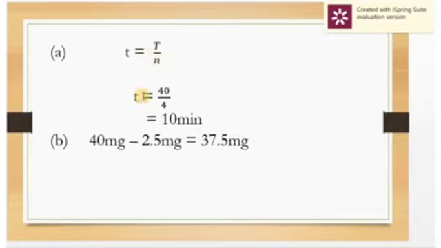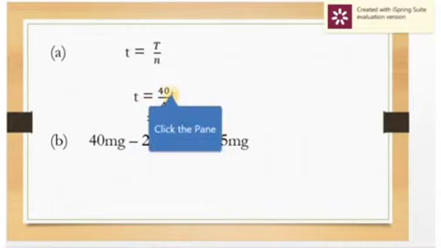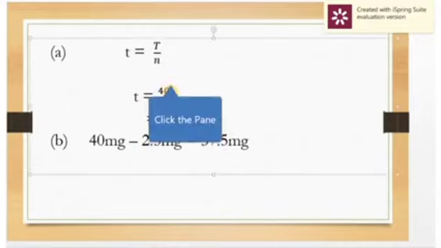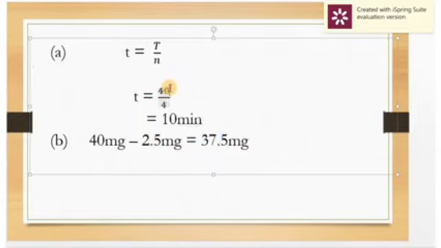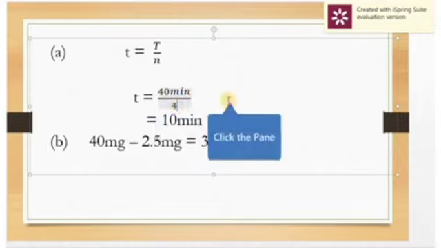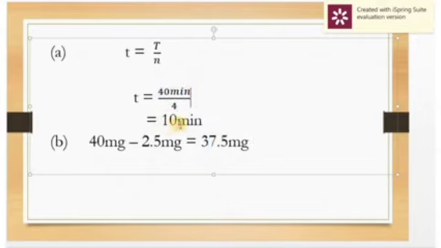So in this particular case, the half-life of a sample is the total time that elapsed, 40 minutes, divided by the number of half-lives, which is 4, and we get 10 minutes. Okay, now we have found the half-life of a sample, that it is 10 minutes.